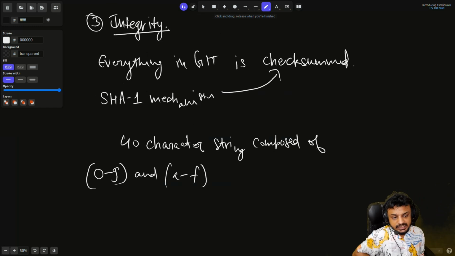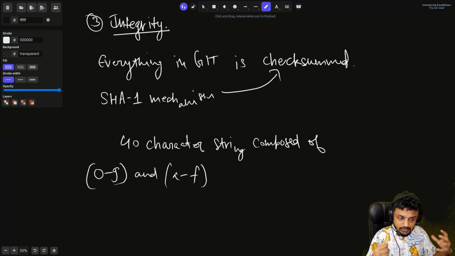So hexadecimal characters are all 0 to 9 and A to F, right? And this string is calculated based on the contents of the file, right?